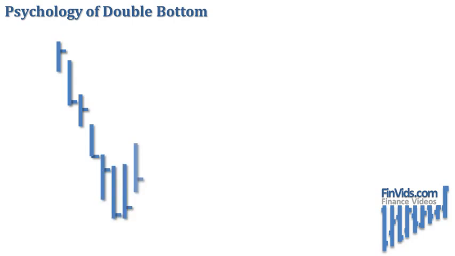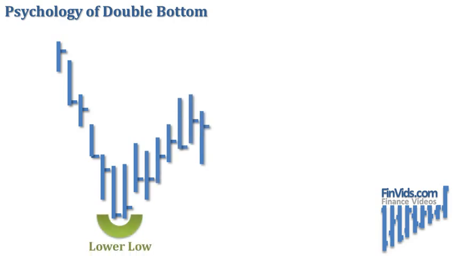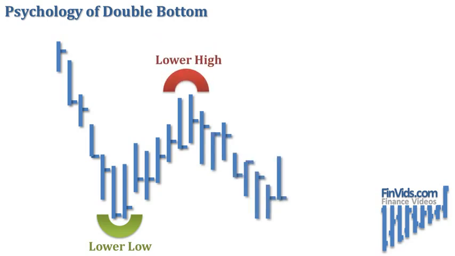Now, a double bottom begins by making a lower low, which is a continuation of the downtrend. Prices then rise and then fall again, creating a lower high. So thus far we have just a continuation of a downtrend. A downtrend by definition is lower lows and lower highs.